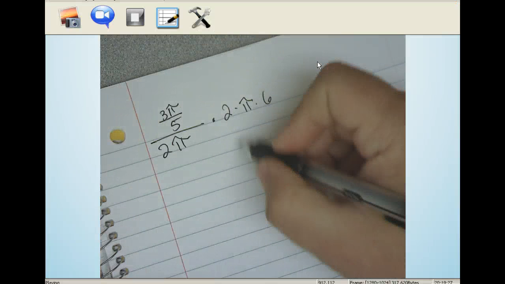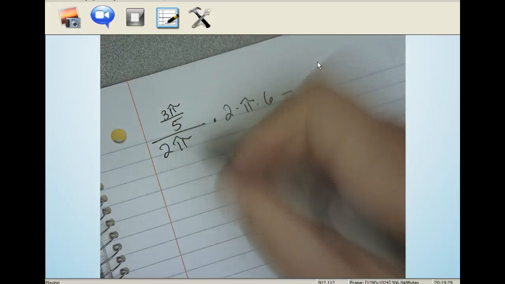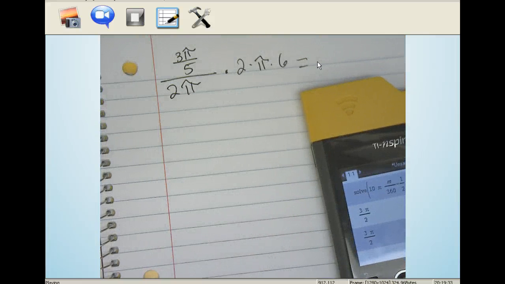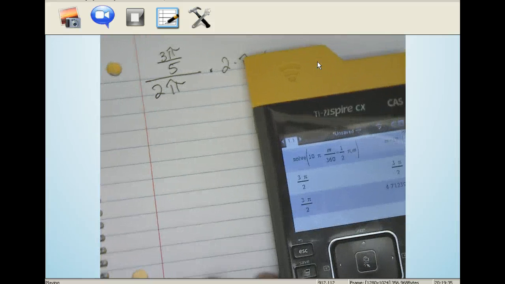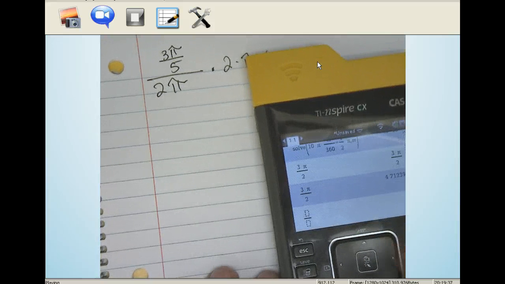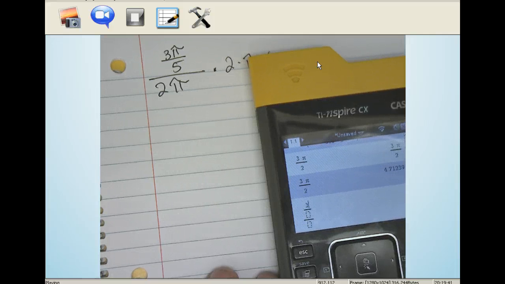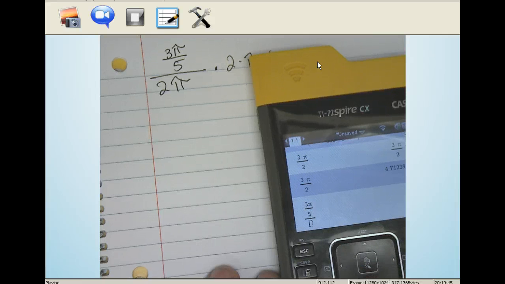So what is that equal to? I'm definitely going to use my calculator on this. I'm going to put it all in. Control divide, and in the numerator I've got another fraction. I love how we can do that. 3 pi, just put it in so it looks exactly the way we write it, and I don't have to worry about it. 2 pi.